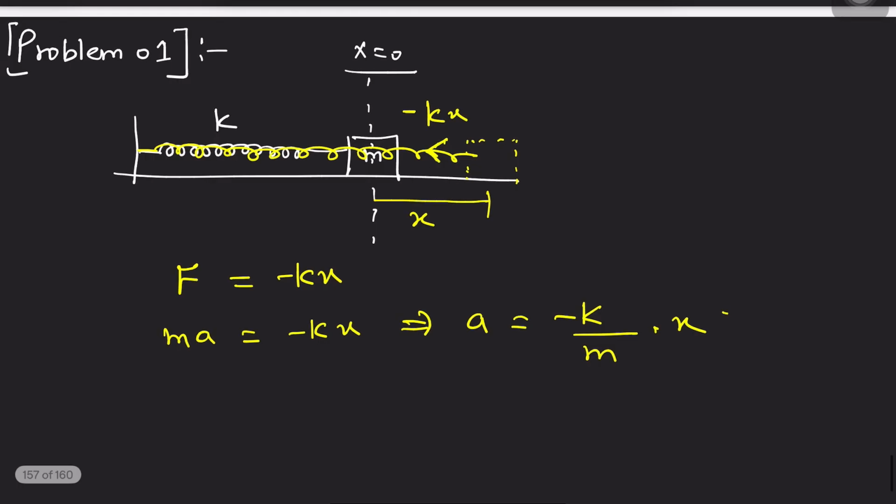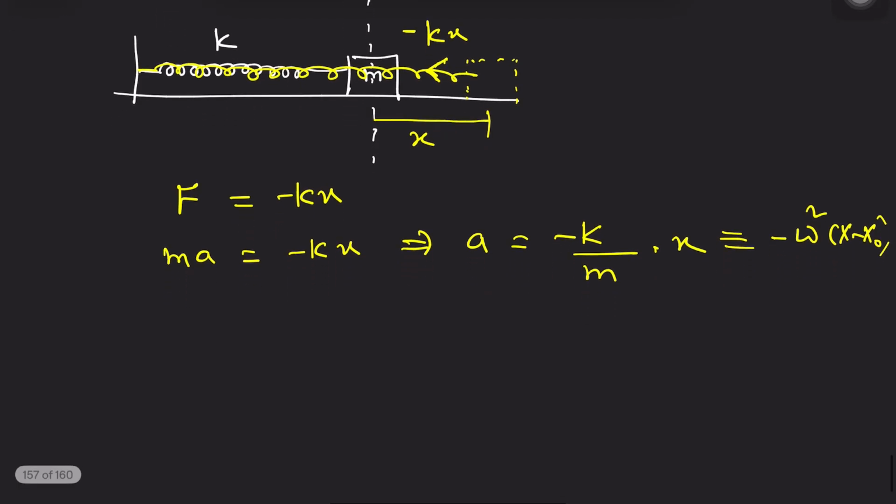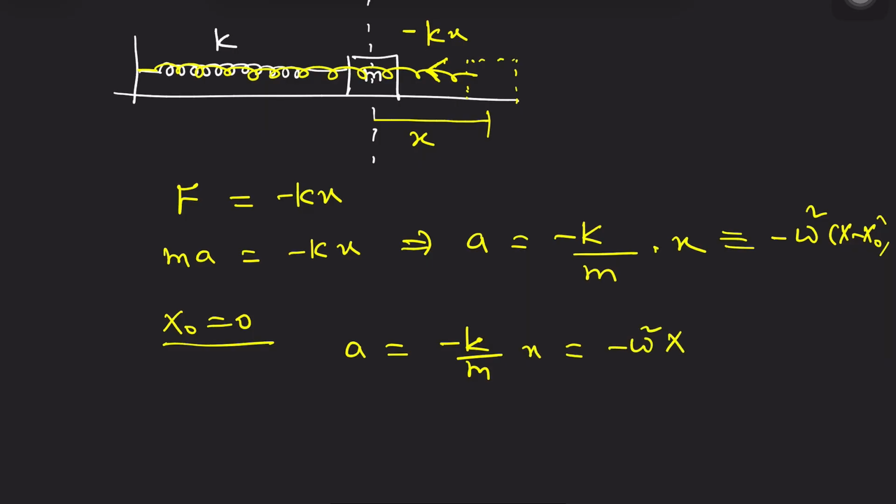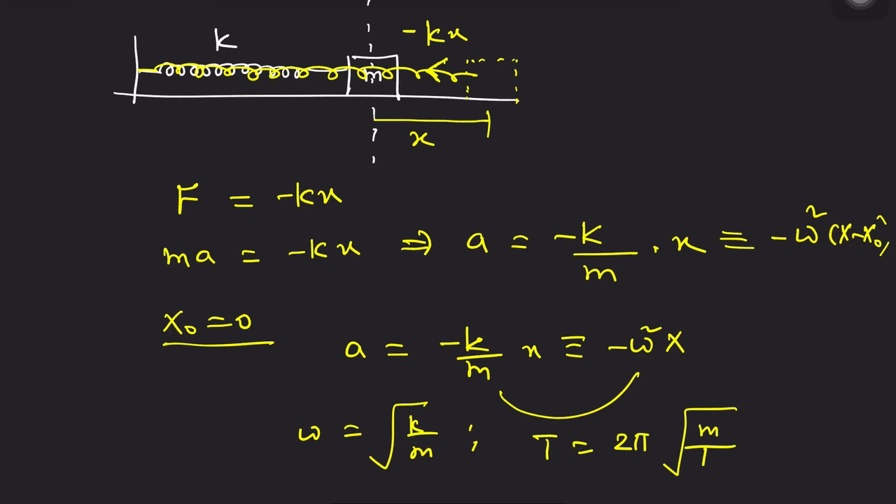Now we can compare this with the standard relationship. Because we have taken the mean position as 0, x naught is going to be 0. So a is equal to minus k by m x, equal to minus omega square x. Comparing these two, omega is equal to under root of k by m. So the time period T is equal to 2 pi under root m by k.